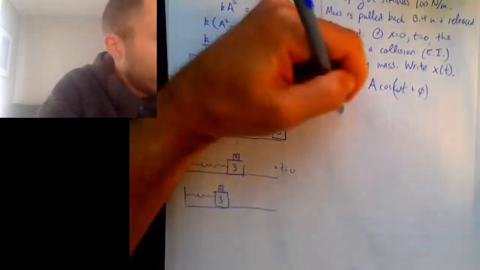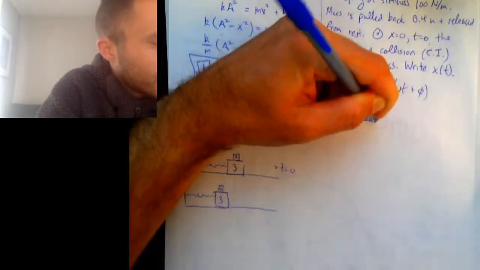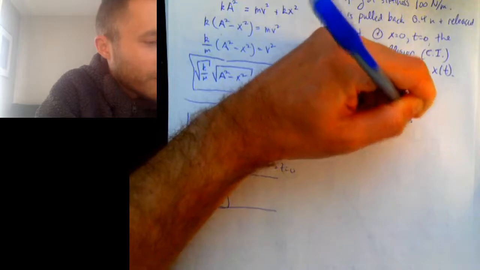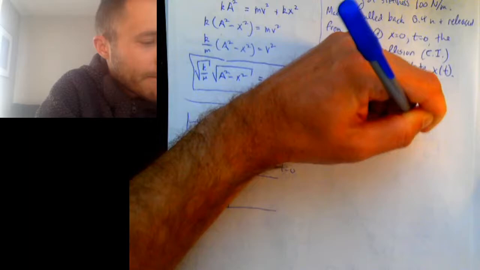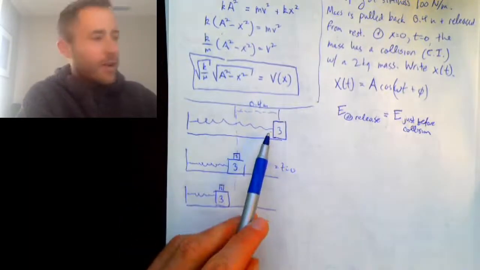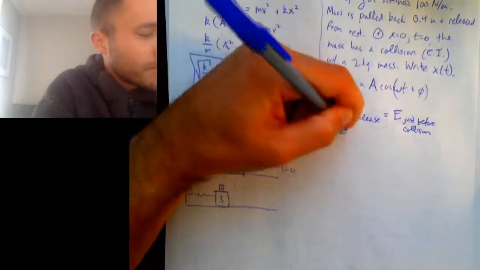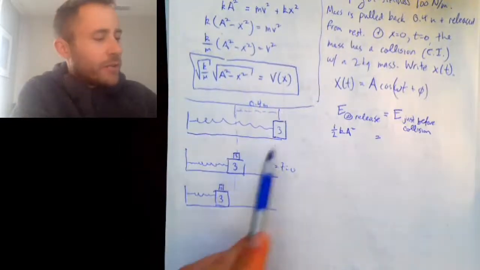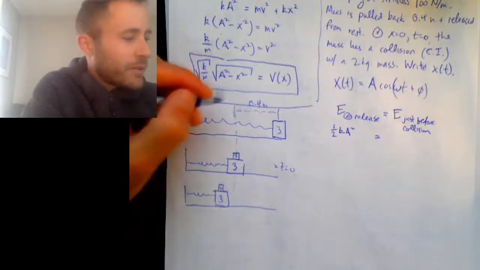So the energy at release is equal to the energy just before the collision. At release, the energy is entirely elastic potential. Just before collision, the energy is entirely kinetic energy because the collision happens at x equals 0.